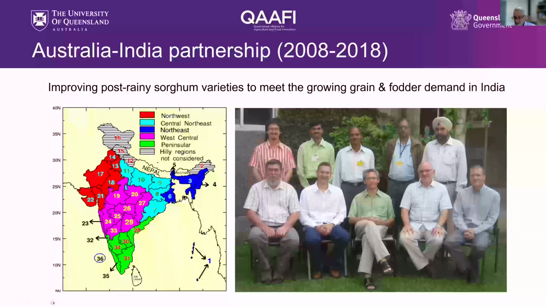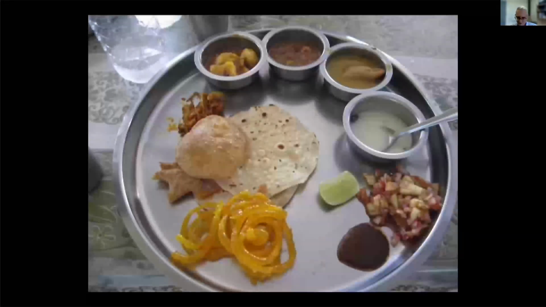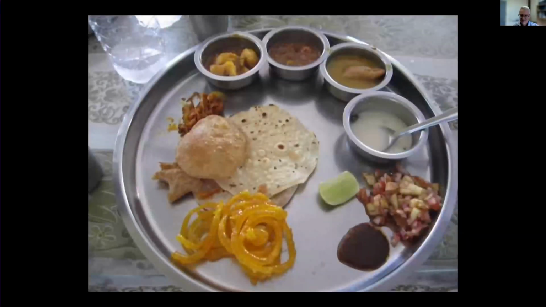And you can see here that the leader of this project was Vincent Vadez, ICRISAT. And you can see some Australian scientists involved, Graeme Hammer, Greg McLean, and myself, and some of the national program in India, Talwar, and others. If you travel through this part of India and you stop and get a meal, then commonly you'll have something like this.